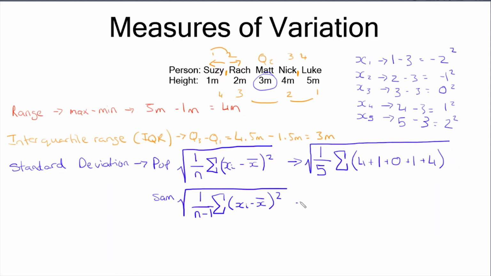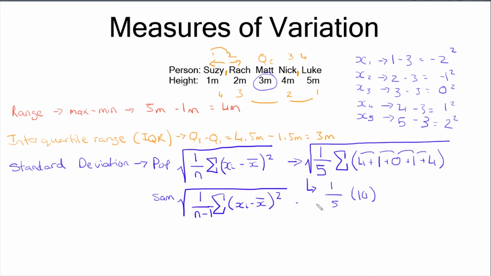Well, I'm just going to go like this. 1 divided by 5. What is the sum of this? Well, this is 5, 5, 6, and 10. So was it 5 and 10? Yep. So 1/5 times 10, and we're going to square root this.